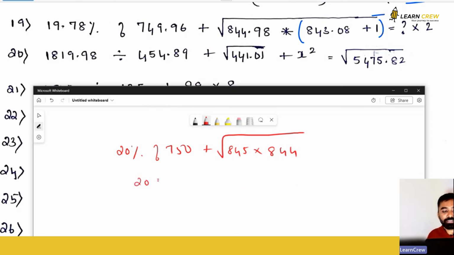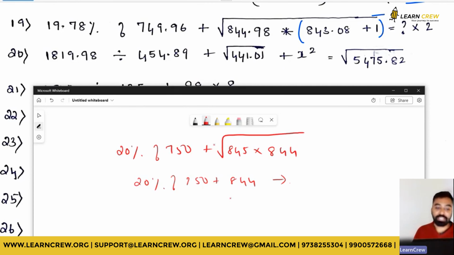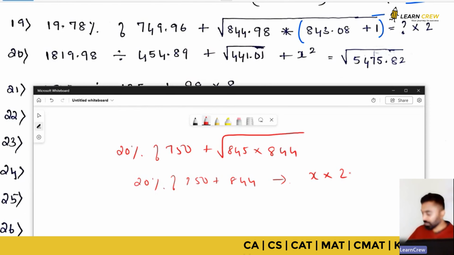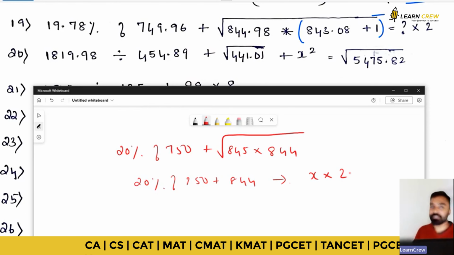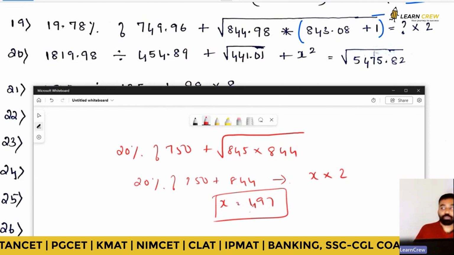So it becomes 20% of 750 plus 844. 10% is 75, 20% is 150. 150 plus 844 is 994 equal to x into 2. That is nothing but 994 divided by 2, that is 497. X is 497. Okay. Similar way, start solving the 20th one.